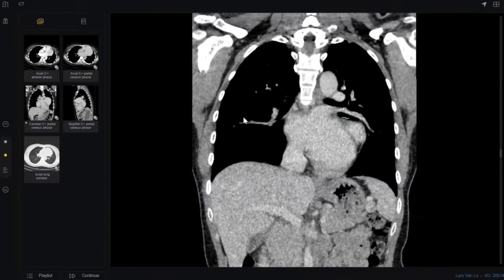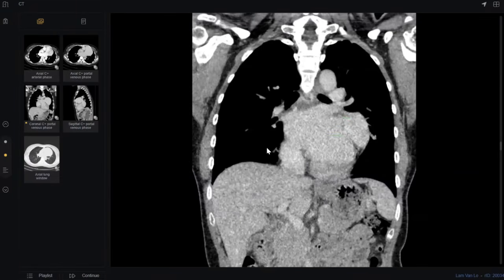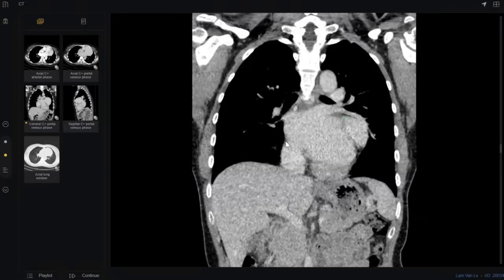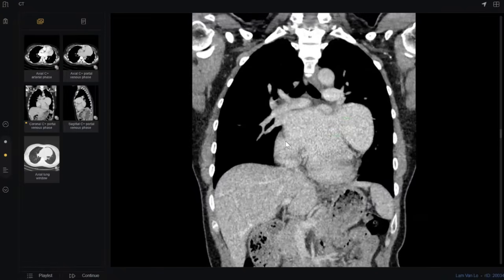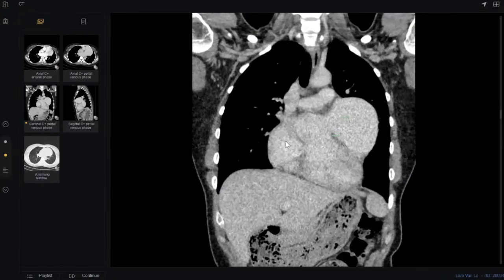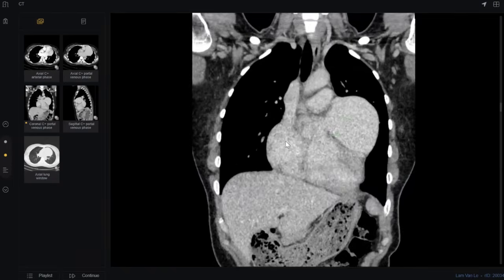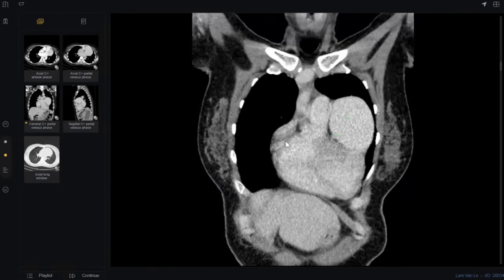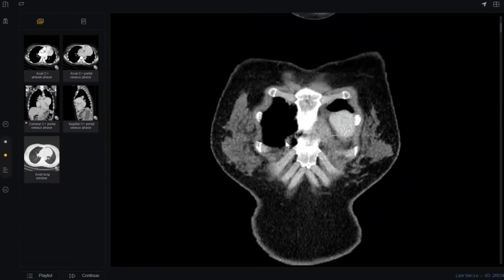So the final diagnosis is left atrial appendage enlargement. I will convey the finding to the referring physician, and chest MDT discussion and cardiology consultation is suggested in this case for further management.